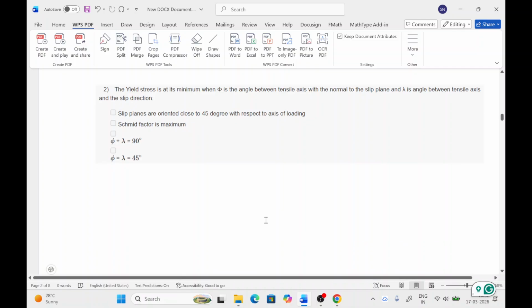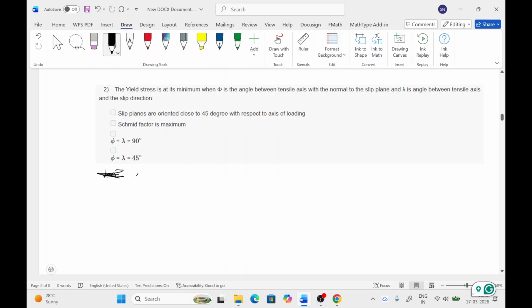When the Schmidt factor value is maximum, the required applied stress will be less. M is cos phi and cos lambda, so this depends on the loading axis and slip system.